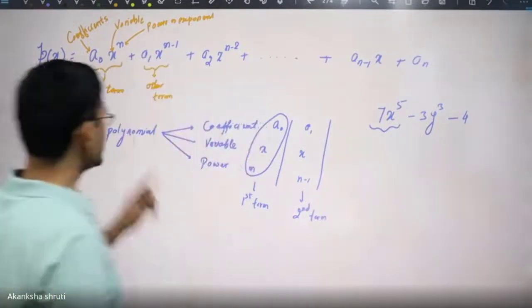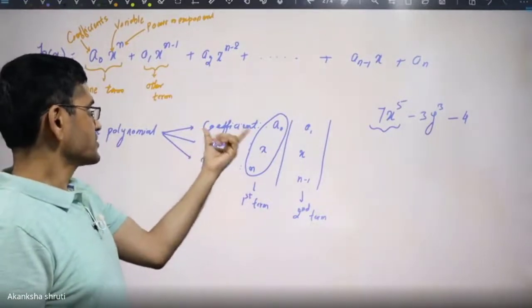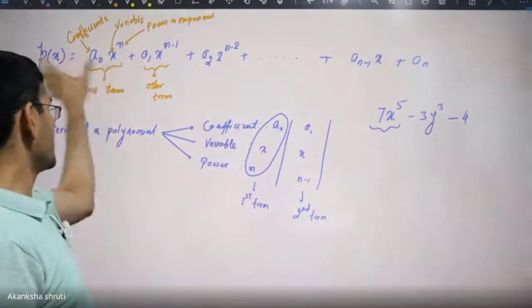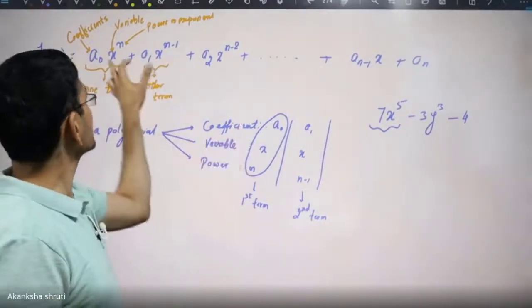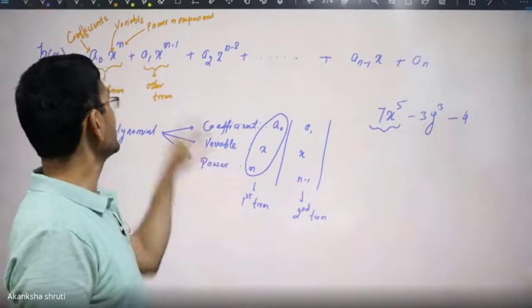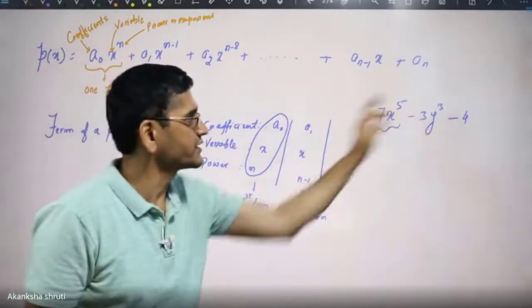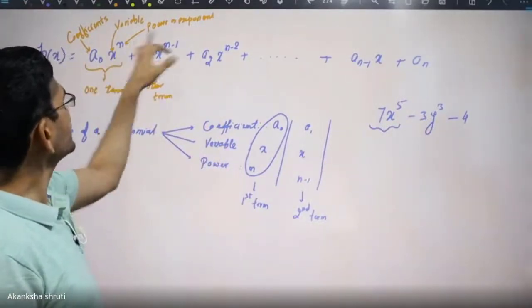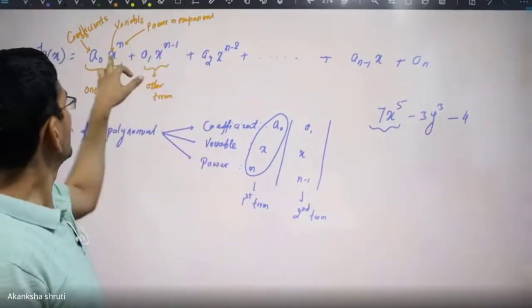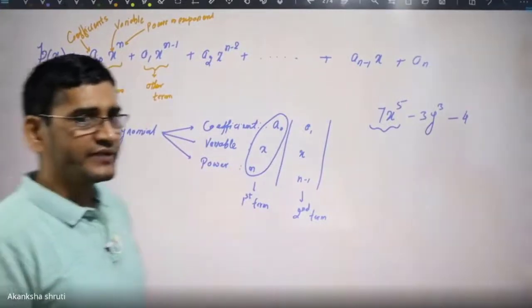These are the things associated with each term of the polynomial. The coefficient of a specific term, you have to specify. What is the variable? The variable in different terms may change, like here the variable is changing. And what is the power or degree or exponent of this variable? It is this one. Now we define a few more things.